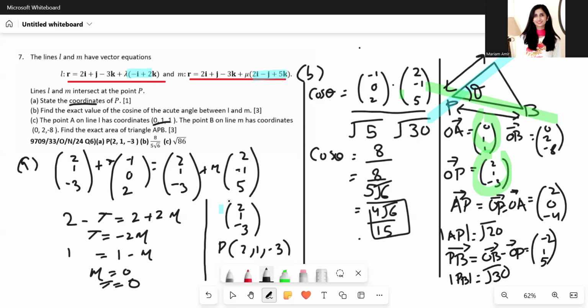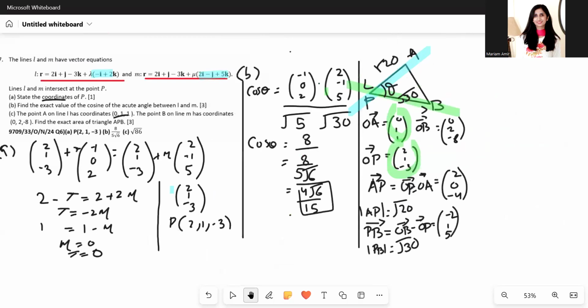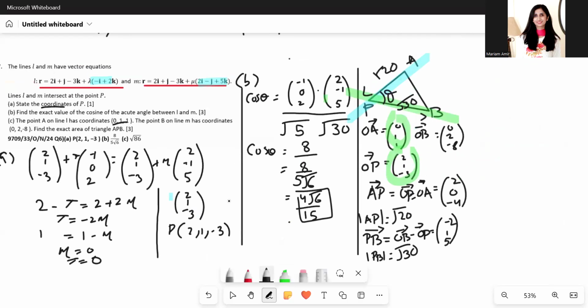So I know this side is root 20 in magnitude, and the other side is root 30 in magnitude. And now I need sine of the angle in the middle. For that, I already have cos theta. So since cos theta is known, cos theta is 4 root 6 over 15. I find sine squared theta from 1 minus cos squared theta, and then I'll take the root of that.